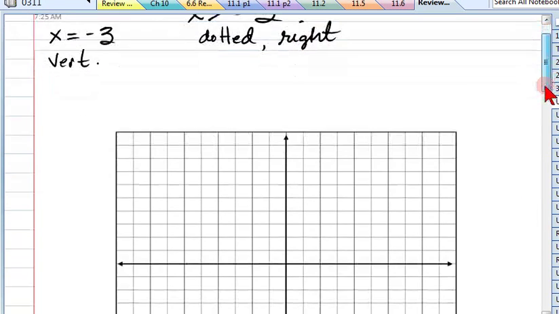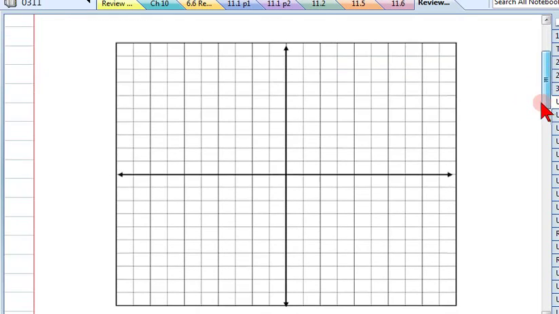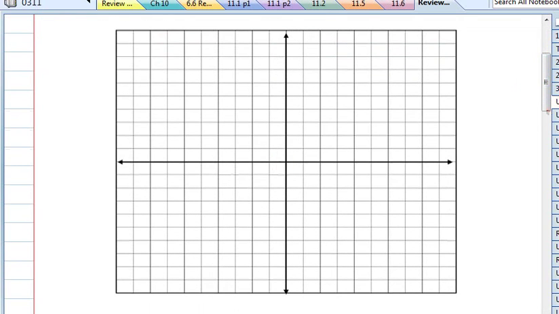So I'm going to locate negative 3 on the x-axis. I'm going to draw a dotted vertical line through that. Sort of. Oh, that's a mess.